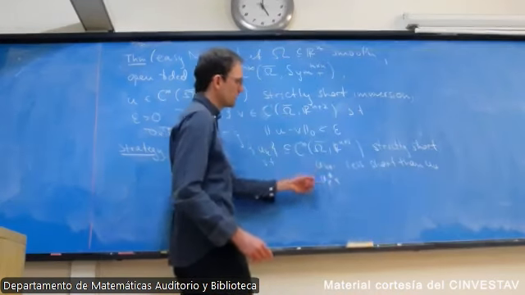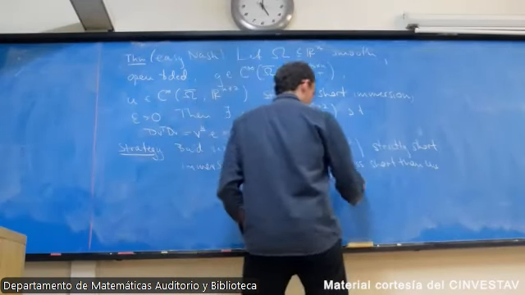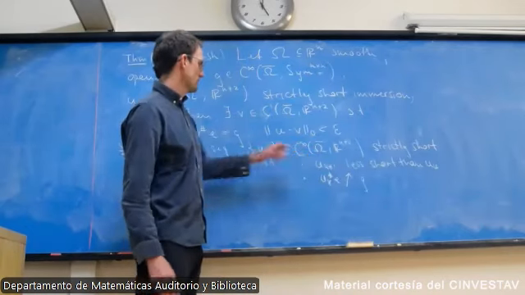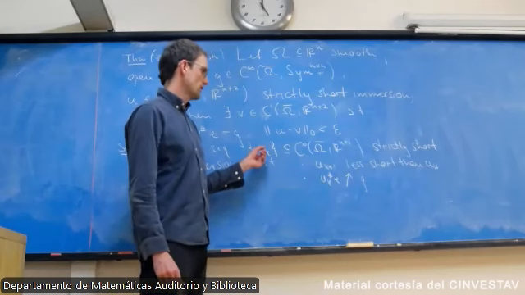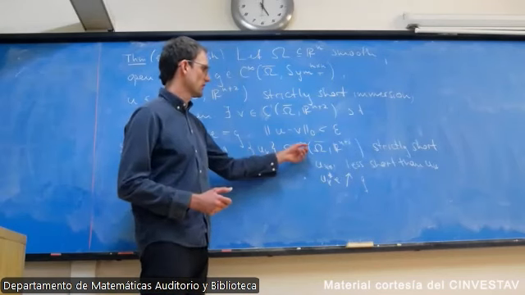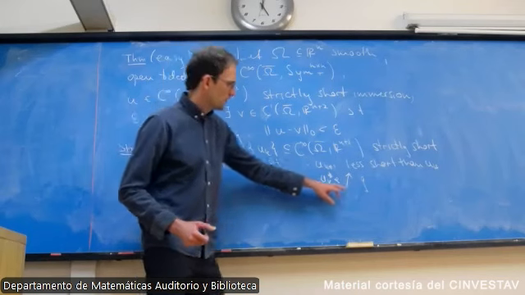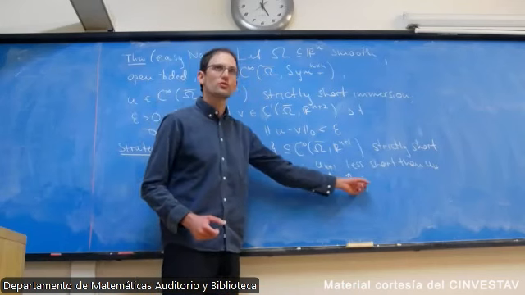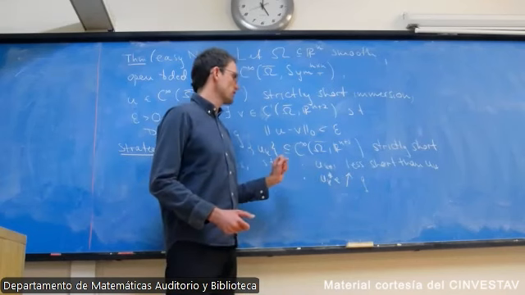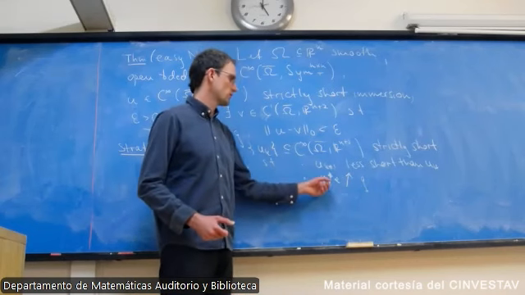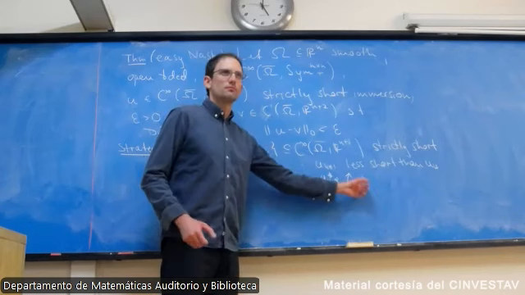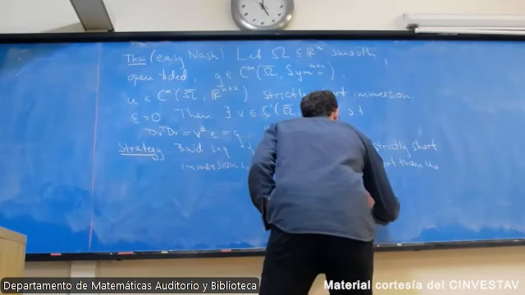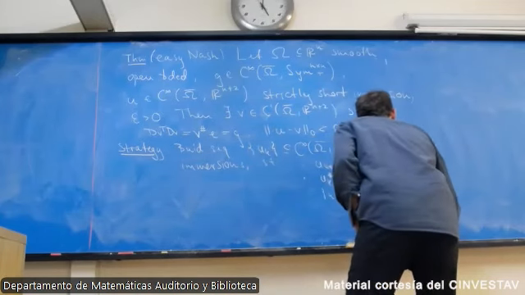In particular, I want that the induced metrics converge to G. And in addition, I want that this sequence is Cauchy in C1, so that I can say there's a limit in C1, which is a C1 map. And because these combinations of first derivatives of U_k are converging to G, the same combination of first derivatives of the limit of U_k in C1 will be G. So U_k is Cauchy in C1.